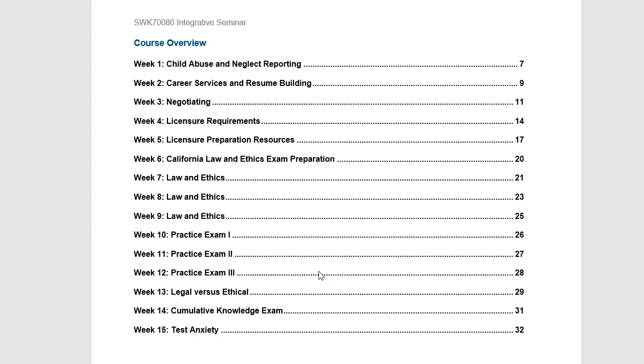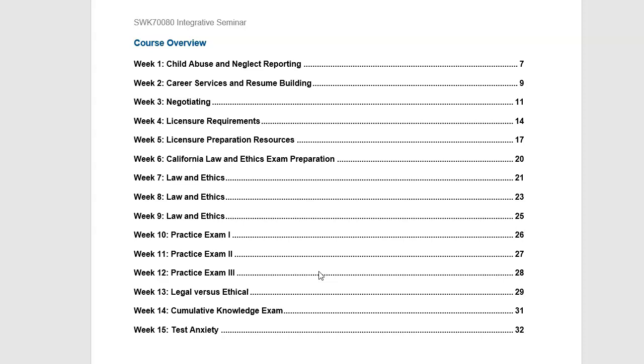Then for the rest of the trimester, we're really going to focus on licensure prep for you guys to feel more prepared for that California Law and Ethics exam. So this is where you're going to have access to the Therapist Development Center training resources and more information to be continued with that.